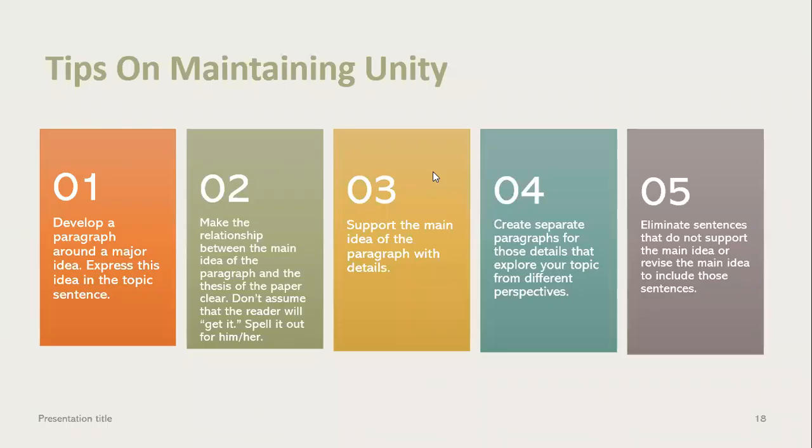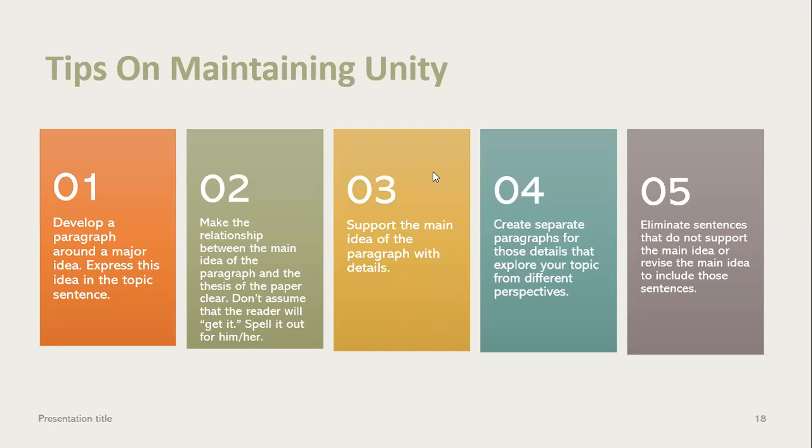So, tips on maintaining unity. Develop a paragraph around the main idea. Express the idea in the topic sentence. Make the relationship between the main idea of the paragraph and the thesis of the paper clear. Don't assume that the reader will get it. Spell it out for him or her. Support the main idea of the paragraph with details.